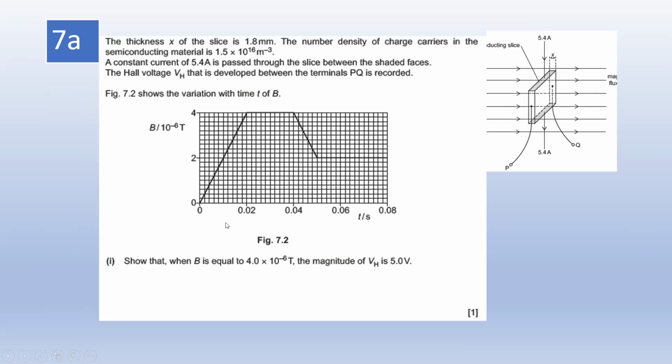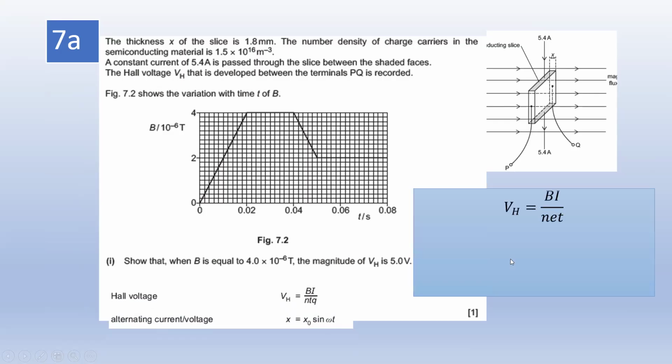Show that B equals this one. The magnitude of the Hall voltage is 5 volt. Go to the question paper, to the formula sheet. Hall voltage is given. So for the Hall voltage, put in your value of B. That's your Hall voltage.